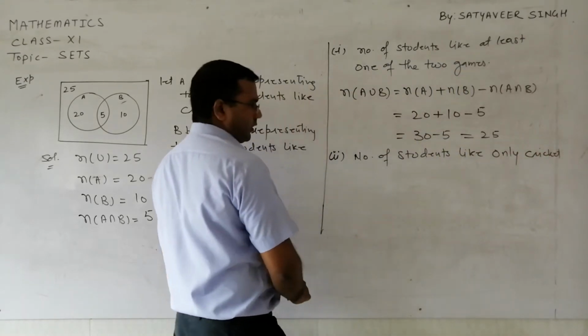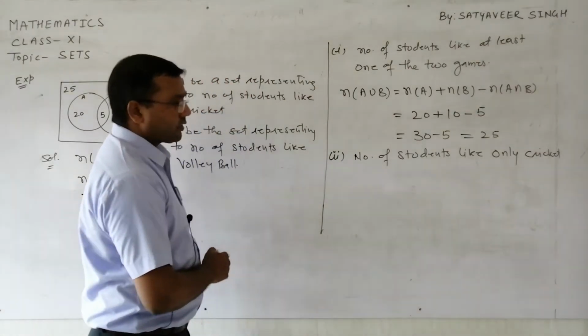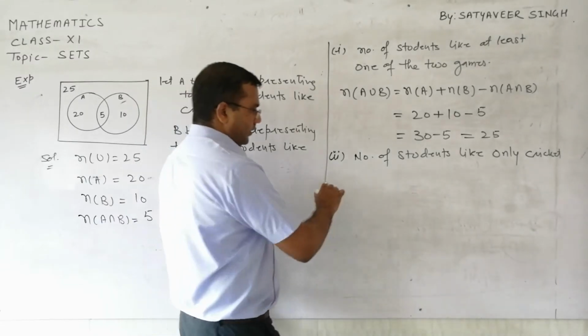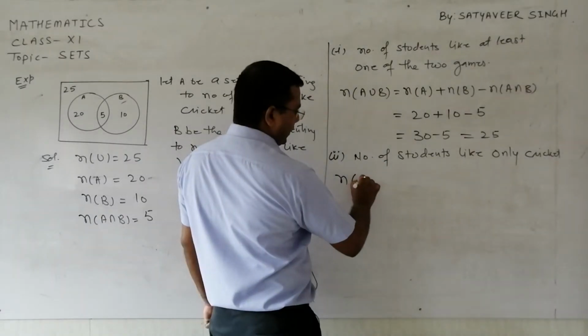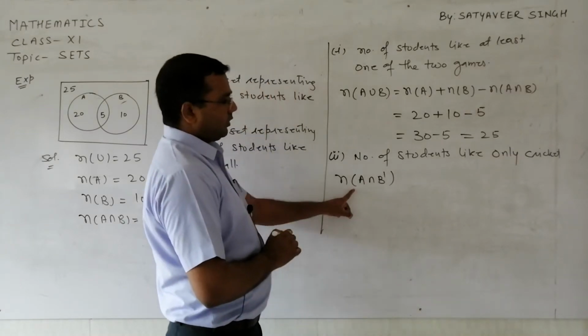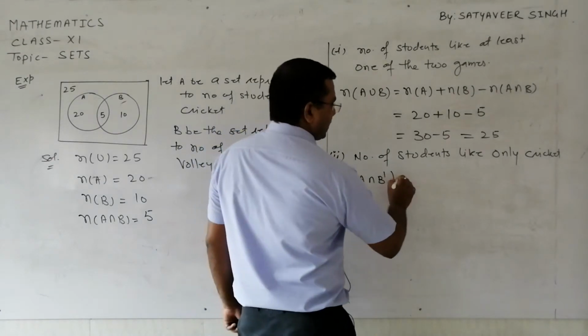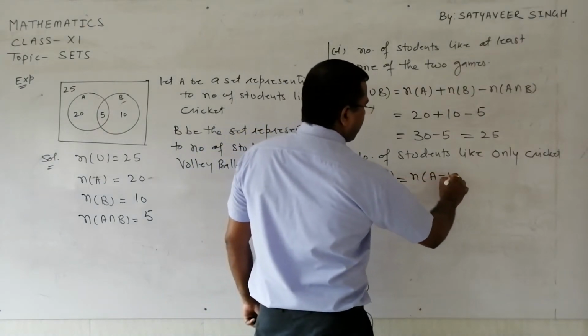That also you can find, or first of all you can represent it by set notation. You will represent it like A intersection B complement. This is the set notation of how many students like only cricket. It is also equal to n(A) minus n(A intersection B).